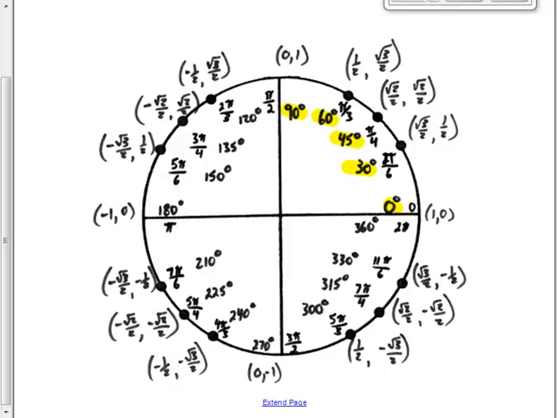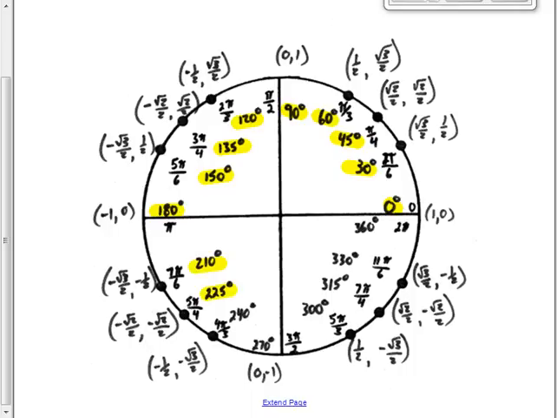Every single one of these hash marks, or points on this circle, is important for us. Here are the degree measurements on the inside. If I keep going from that 90 degree mark to the next ones, that's 120, 135, 150, and 180.